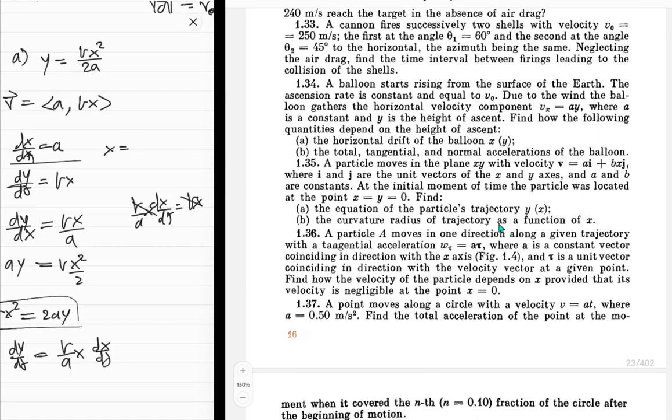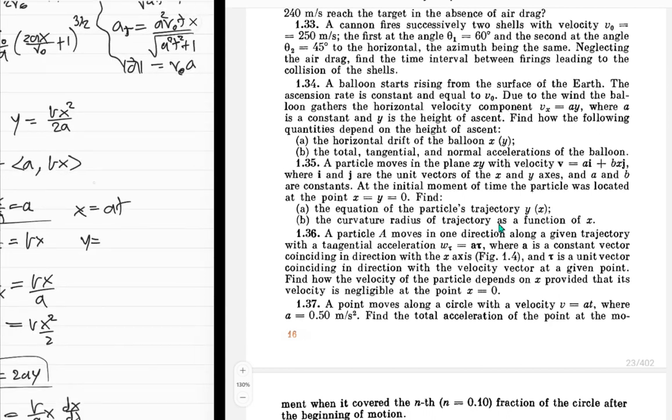Fine, so x was just a times t. Nice. From it, everything is doable. So y, now you already have it: bx squared upon 2a will be ab upon 2 times t squared. Cool. So these are our two useful relations.